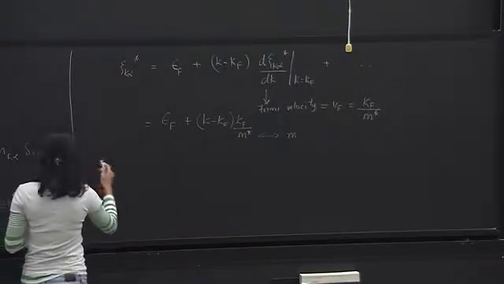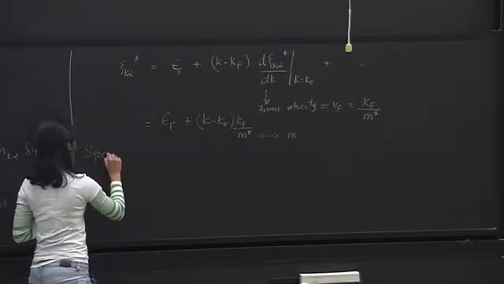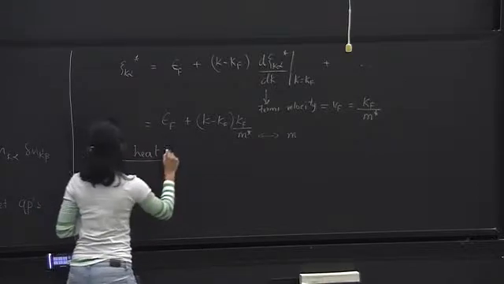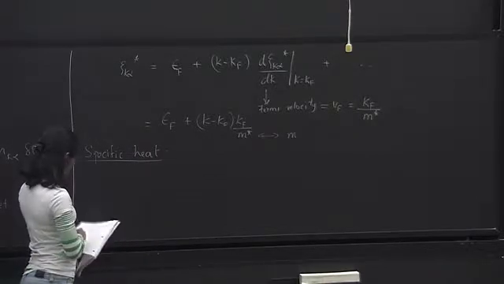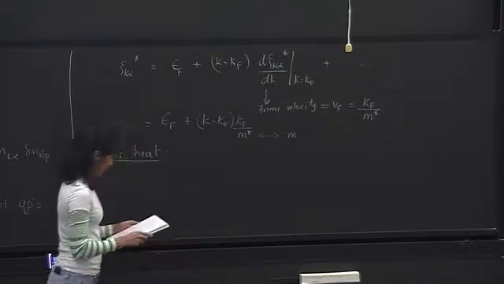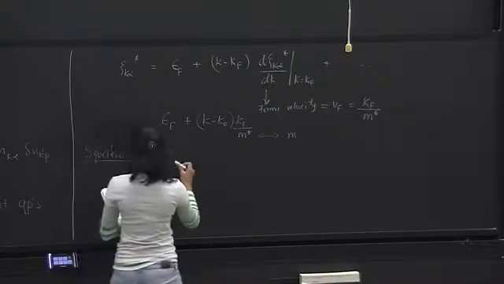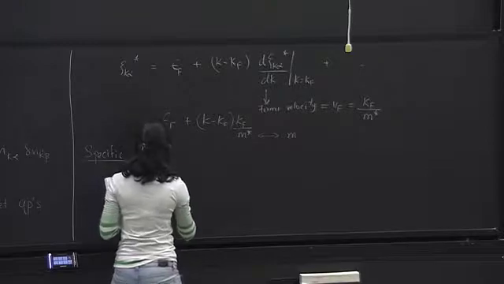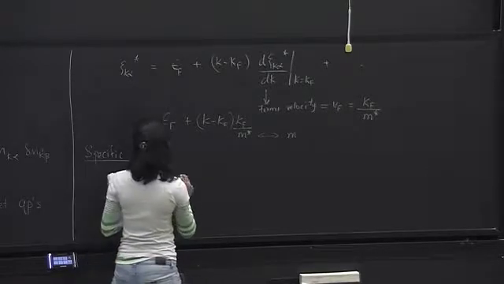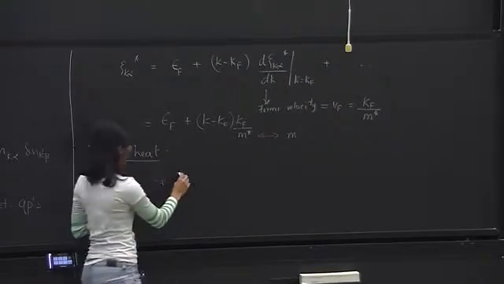So this means when we do a specific heat calculation, in the same spirit as what you did in tutorial 1, for the non-interacting problem in tutorial 1, you calculated CV, right?